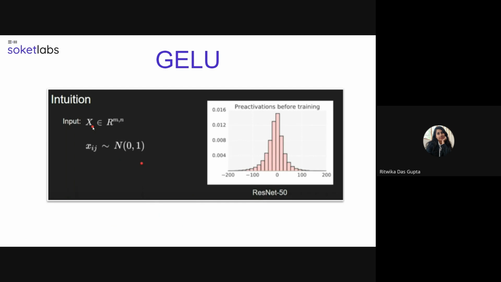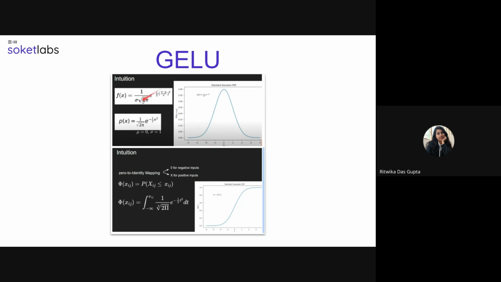So here we have, for example, an input feature, and each part of the input feature follows a normal distribution. And therefore we know that the normal distribution has a PDF, and under mu 0 and standard deviation 1, the PDF changes this way.